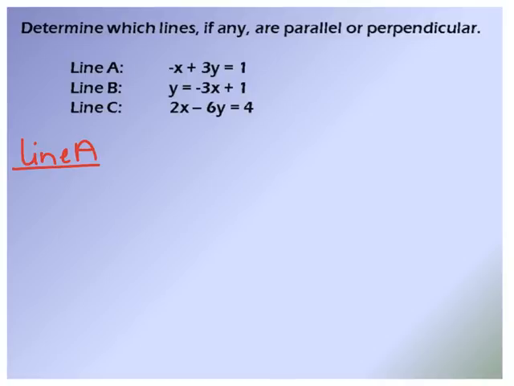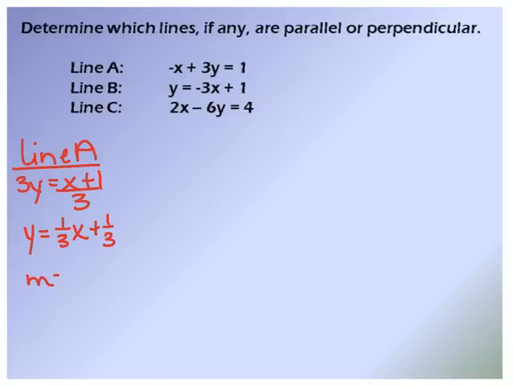So I'm going to add x to both sides to start with. That leaves me with 3y equals x plus 1. To get y by itself, I need to divide by 3. So y equals 1/3 x plus 1/3.